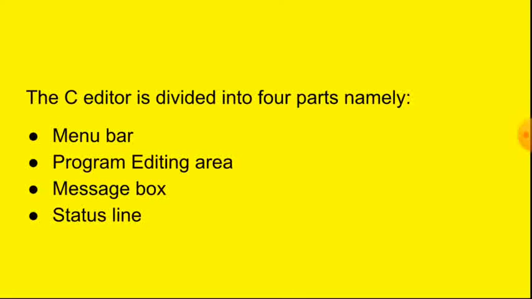The editing area is used to type C programs. If the program contains any error, it will display in the message box for rectification. The status line displays some of the function keys along with their description.